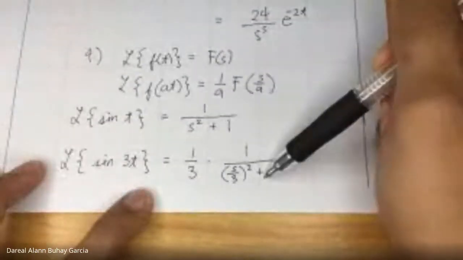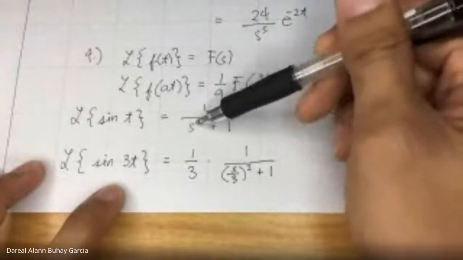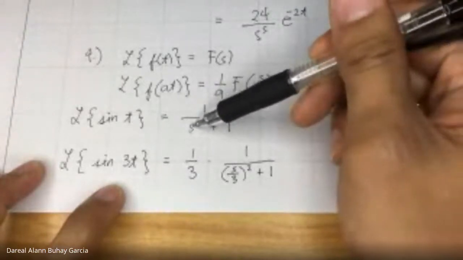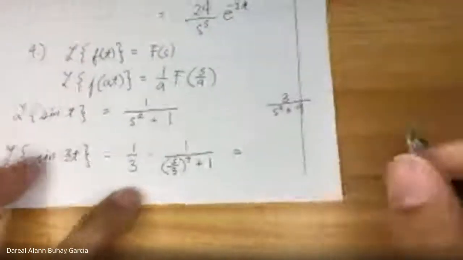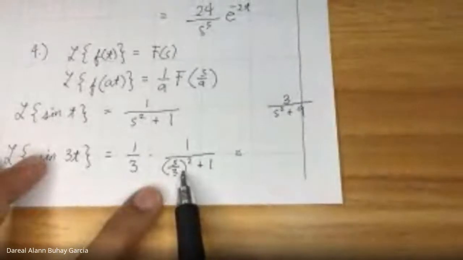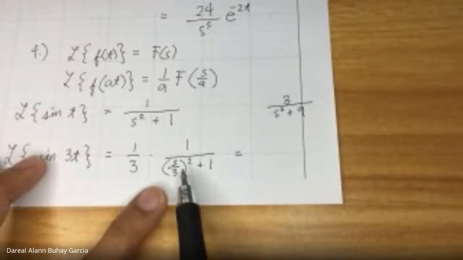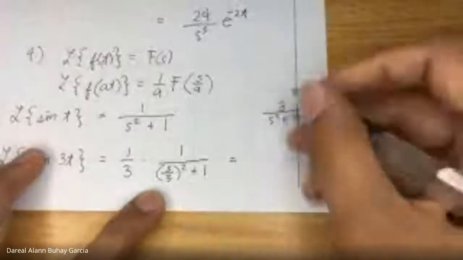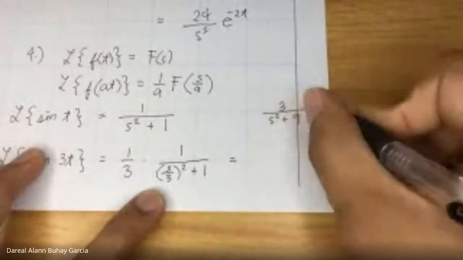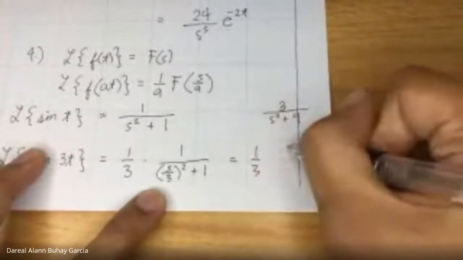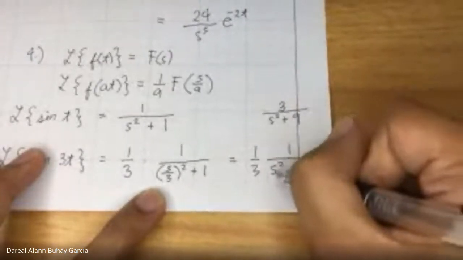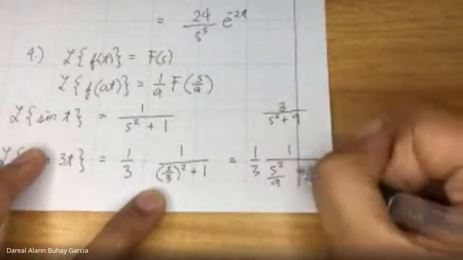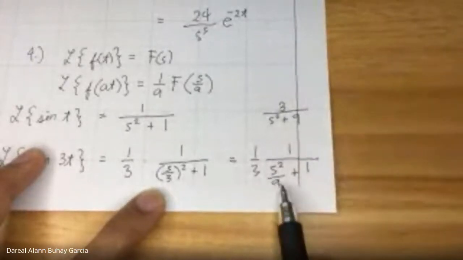Gisunod lang nato ang independent variable nag-occur lang man siya sa s. So, ang s lang natong pulihan og s over 3. So, this becomes s squared over 3 squared. So, this is 1/3 times 1 over s squared over 9 plus 1.